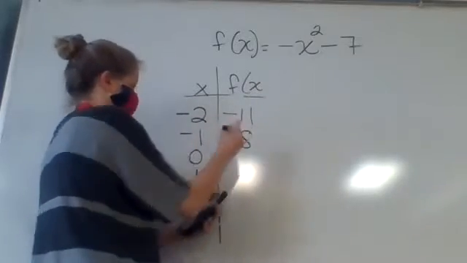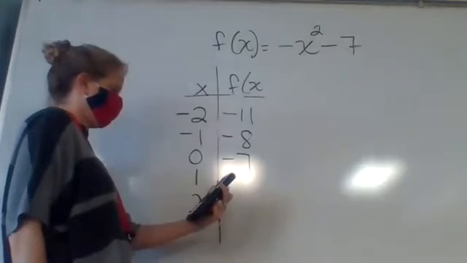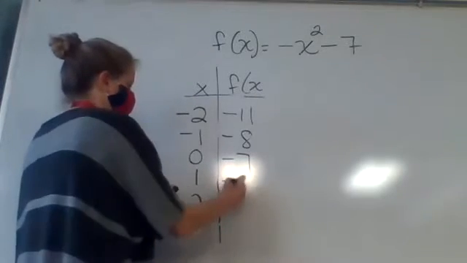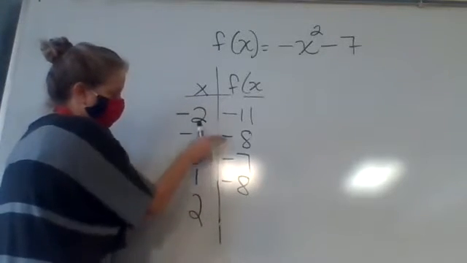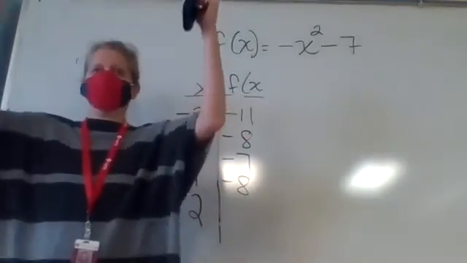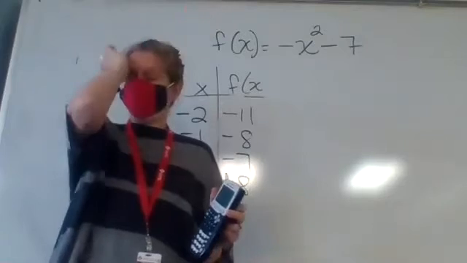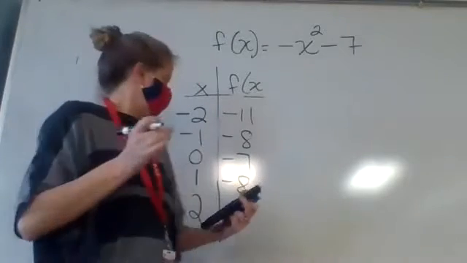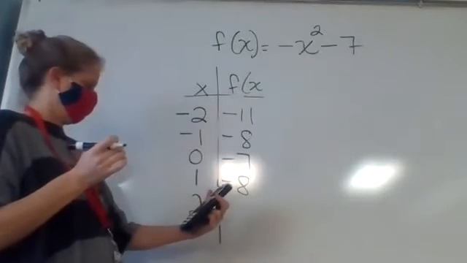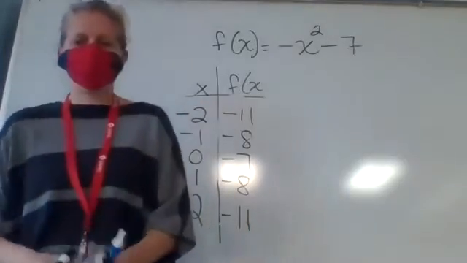Negative 8 goes with the negative 1. 0. Negative 7. 1. Negative 8. So see when the y's start repeating? That's the mirroring. That's the mirroring that's happening in the U. Will? Oh, sure. Yeah, anytime. 2, negative 11.